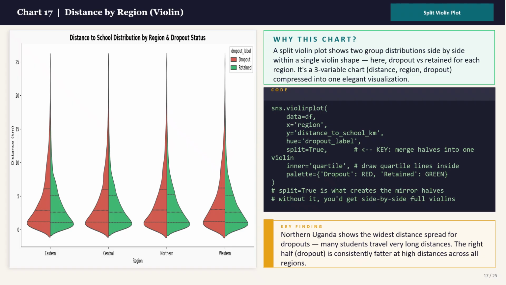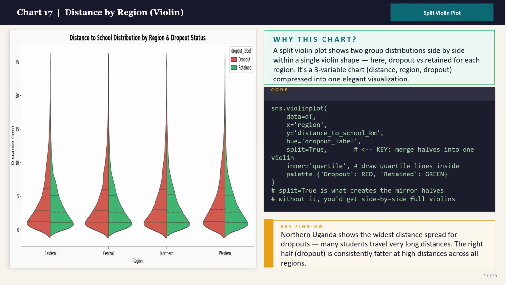The comment clearly states that this merges halves into one, and then we have the drawing of the inner quartile lines, and the setting of the colors. And we have comments to explain that split equal to True is what creates the mirror halves, and without it, you'd get side by side violins, so you would have no separator.